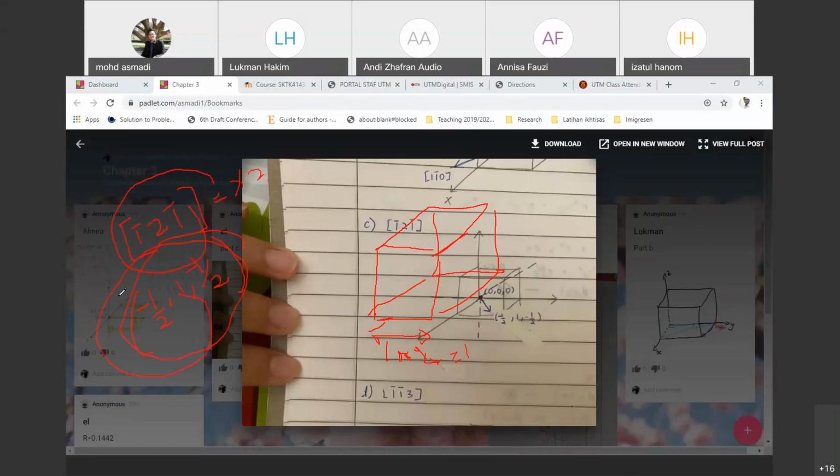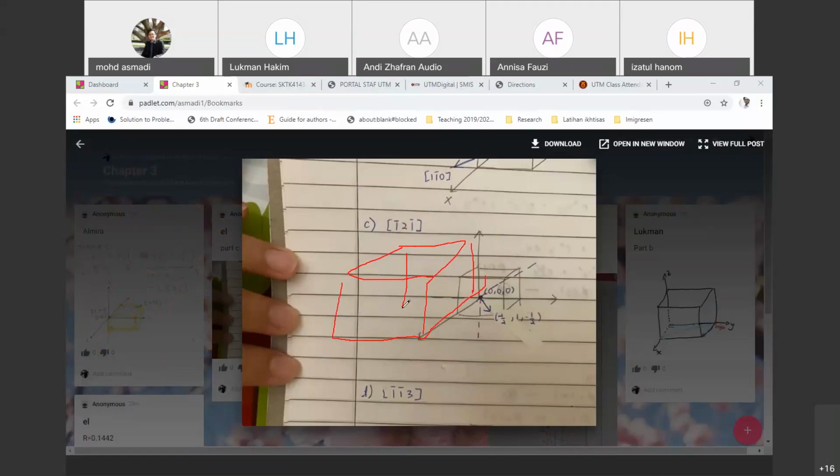So let's see from the origin. Erase all. What I did is I will draw the box. Almost finished our class. So this you define as z, this one is y, this one is x.